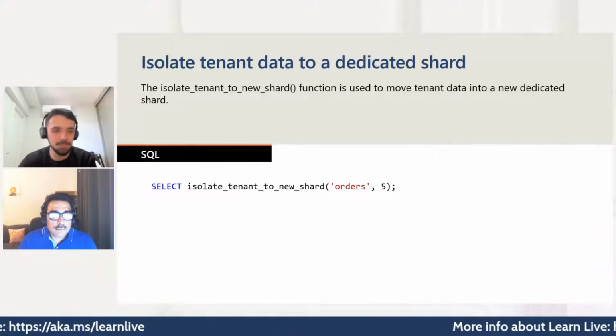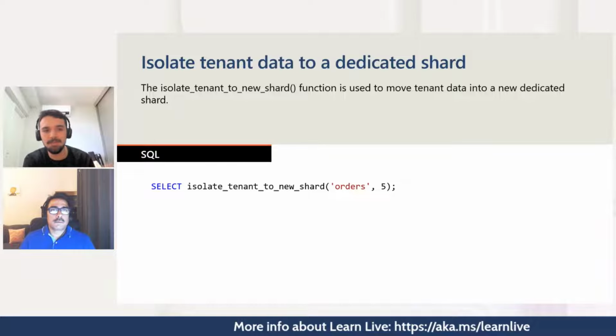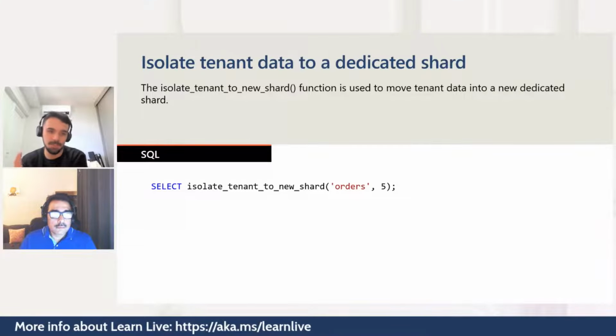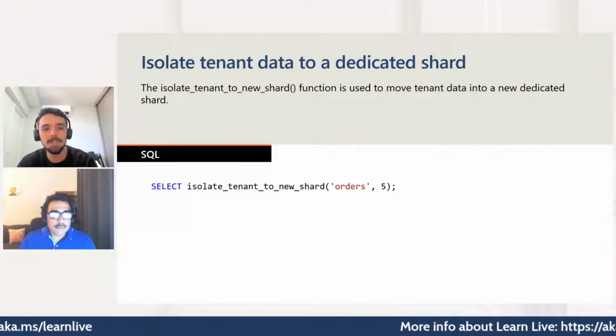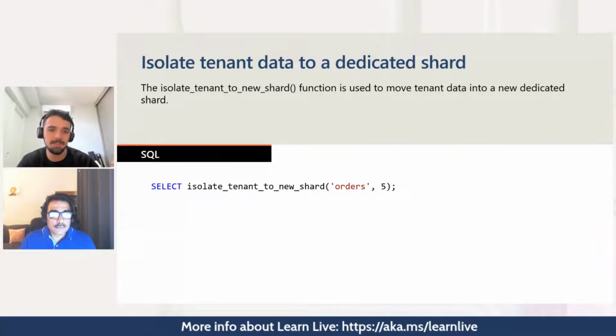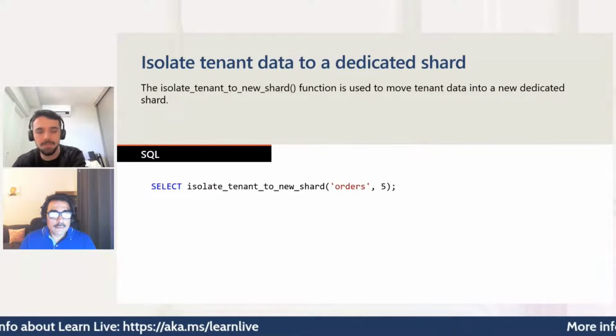And then after you do this isolation, after store ID 5 is now on a different table, you can move that shard, in other words that table, to a different worker node. So what this command is doing is just picking every row inside the shard that contains store ID 5, getting all those rows and migrating them to a new table.